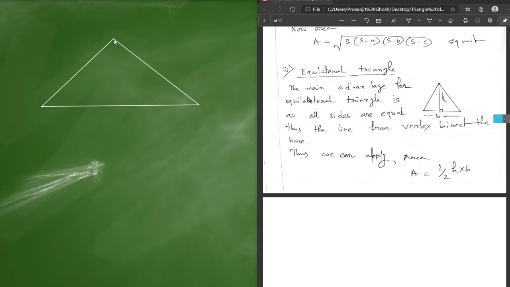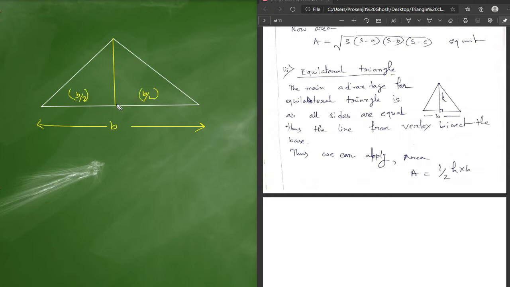And here the vertex point always stays in the middle of the base. So if I draw another line from the vertex point to the base, it will bisect the base. So if B is the total base, then each of these parts should be B by 2. Remember that. That is very useful. We're going to need that.